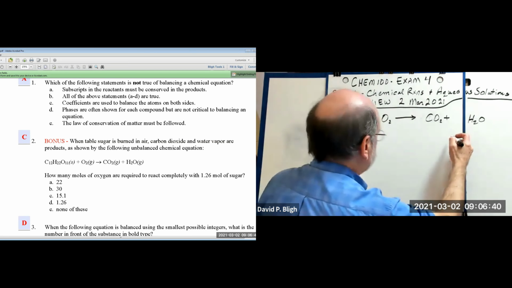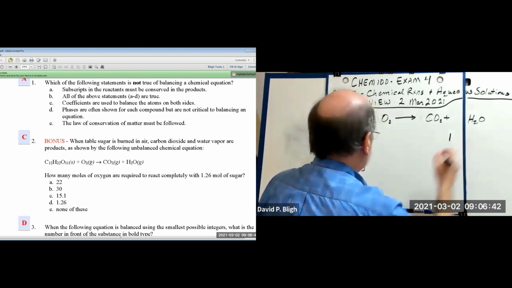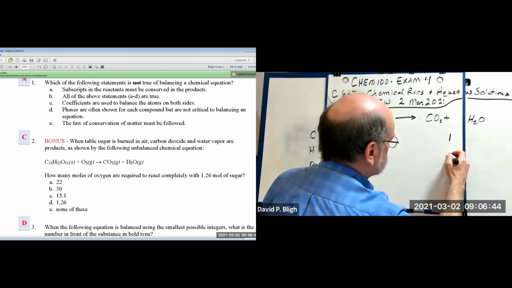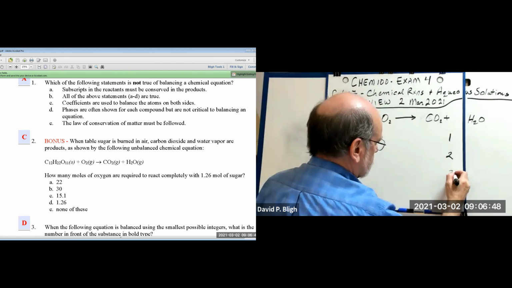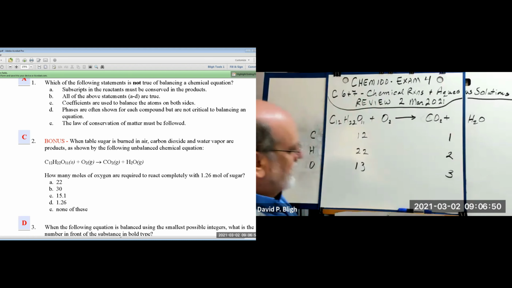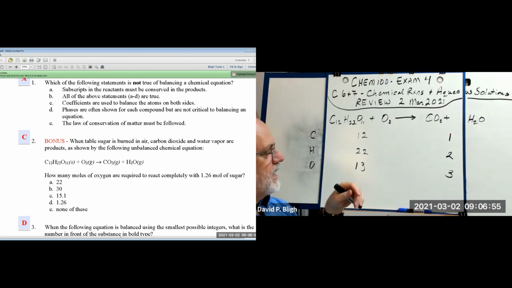That's good. Now on this side we have 1 carbon, and we have 2 hydrogens here, and we have 3 oxygens. Okay, so that's our initial tally of the number of atoms of each element on either side of the equation.